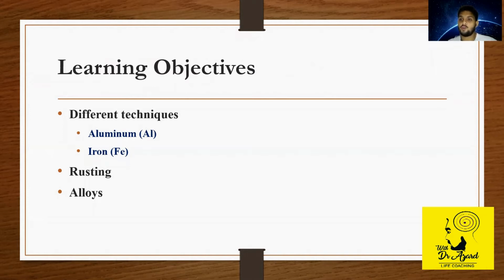We'll also discuss a new term, alloys. By the end of this video, you will know all of these new things that we are going to learn. Among the different techniques, we will look in detail at only two extraction methods: extraction of aluminium, and extraction of iron.